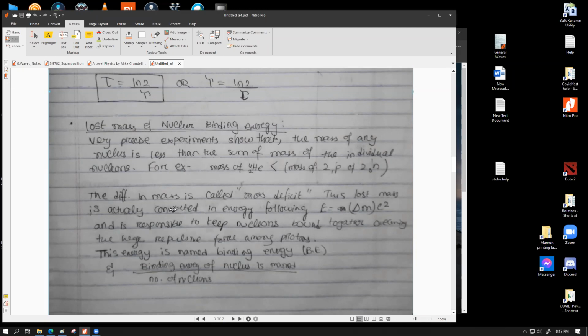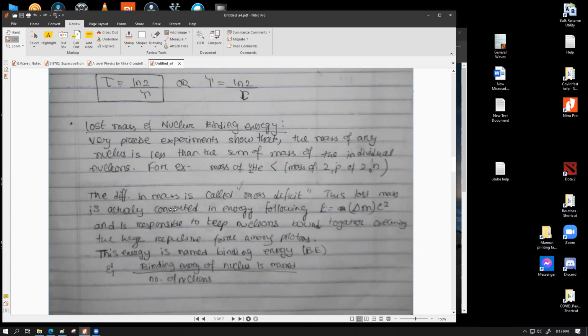If we can measure the mass of a helium nucleus, this mass happens to be slightly smaller compared to the mathematical addition of the mass of two protons and two neutrons. So this amount of mass that is apparently not present in the helium nucleus is what we call the mass deficit.